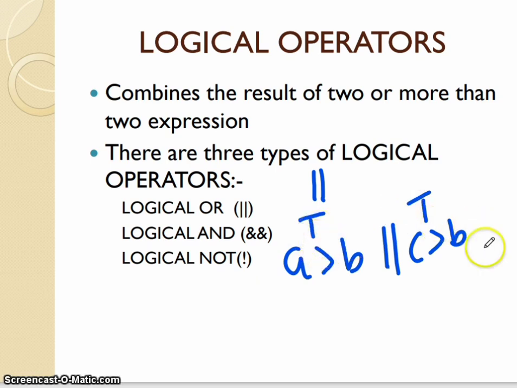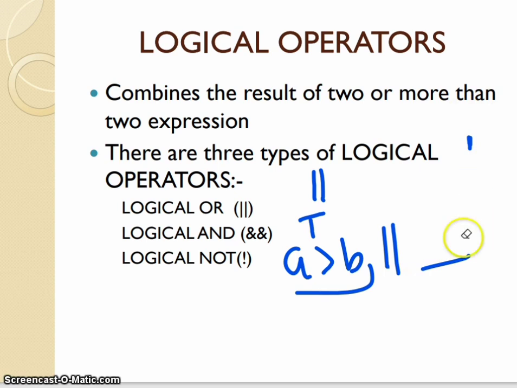If this is true, the whole expression is true. If c greater than b is false and a greater than b is true, then the overall condition becomes true.